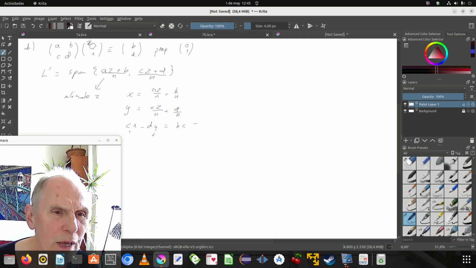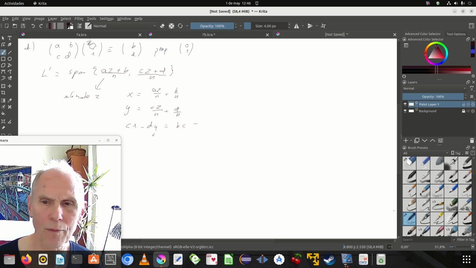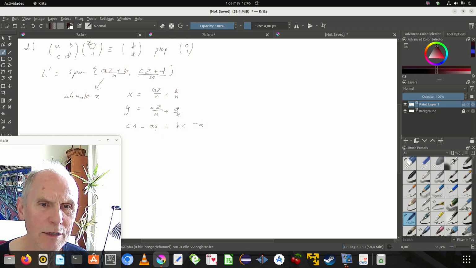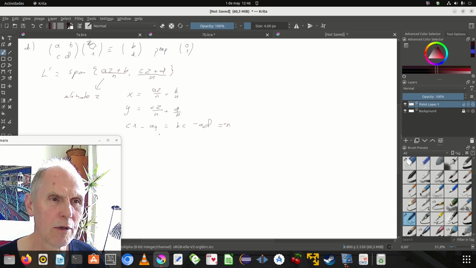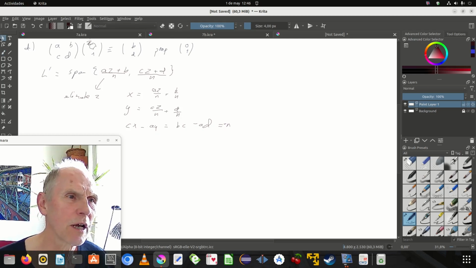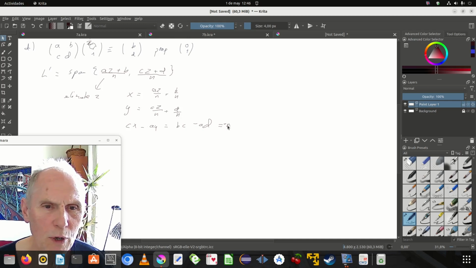We multiply X by A. AY minus AD, which is N. Or minus N, rather, because this matrix lies in Mn, minuscule n.